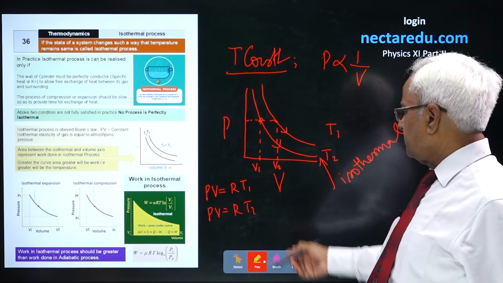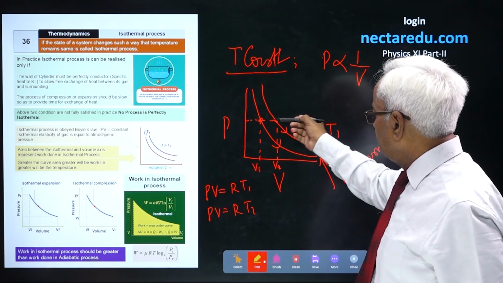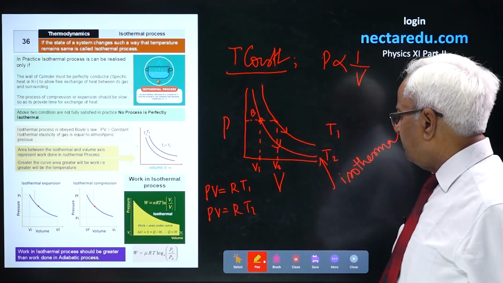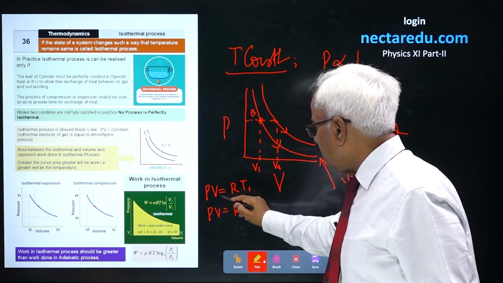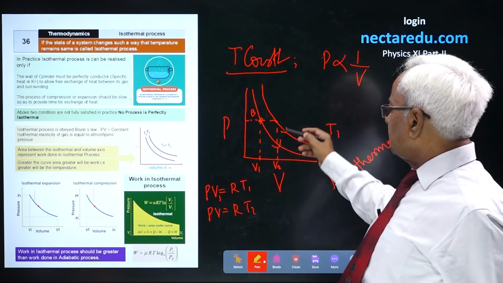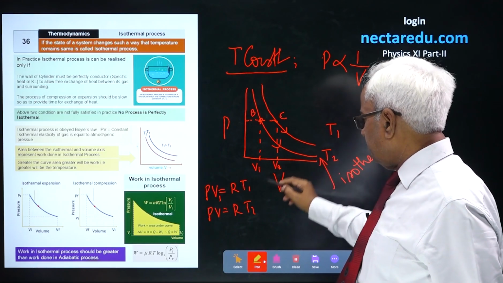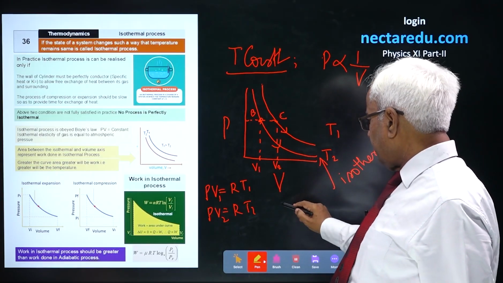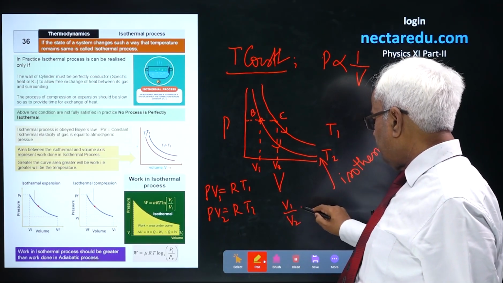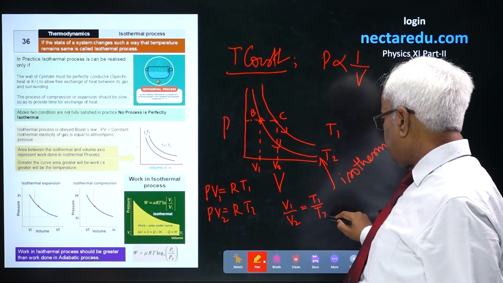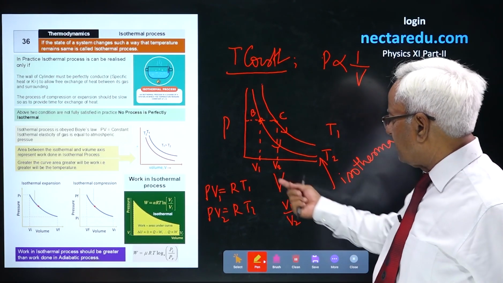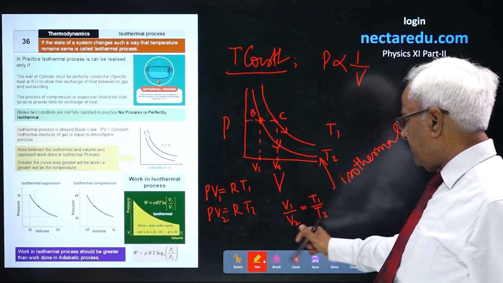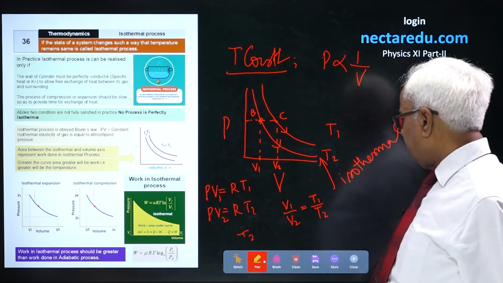For this point B, we write PV1 = RT1, and for this point C, PV2 = RT2. If you take the ratio, V1 upon V2 is going to be T1 upon T2.